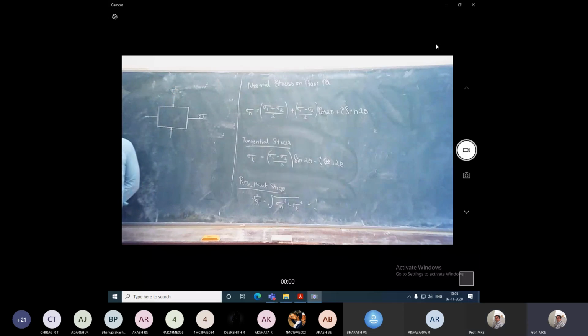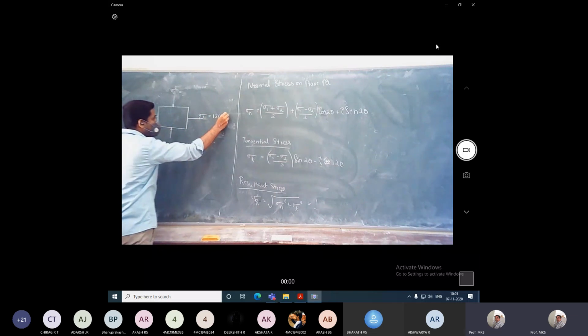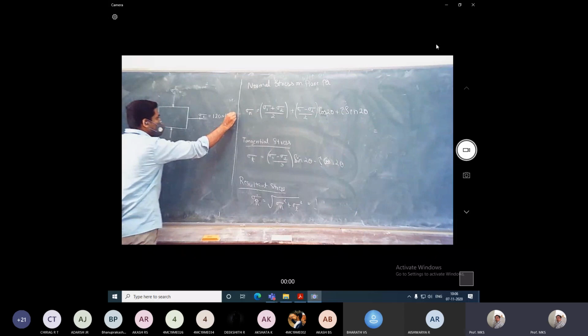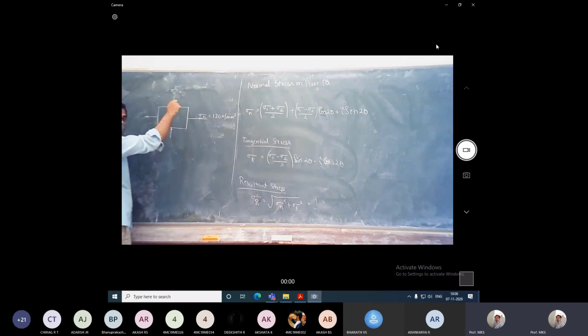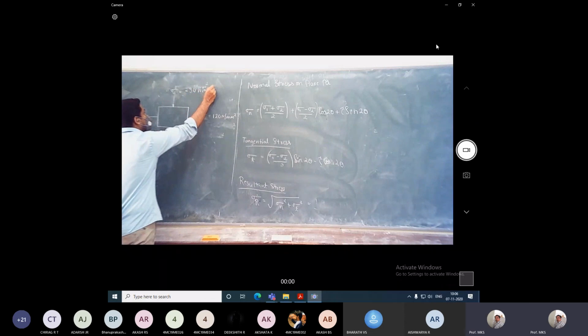Sigma 1, the major stress, is highest, that will be 120 megapascal, 120 Newton per mm square. Sigma 2 is compressive. Since it is compressive, it will be minus 90, right? 90 Newton per mm square.